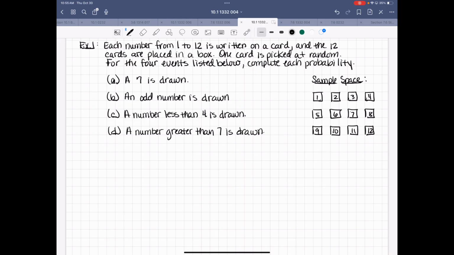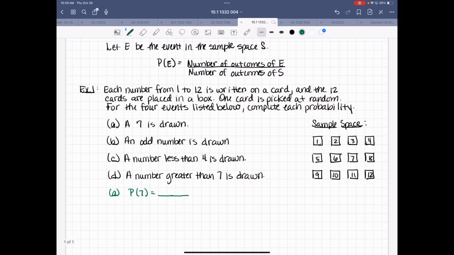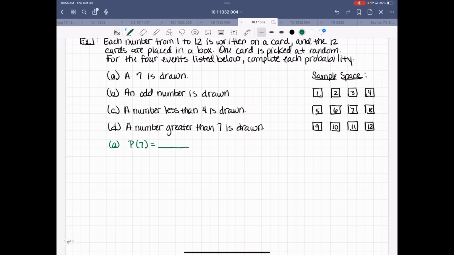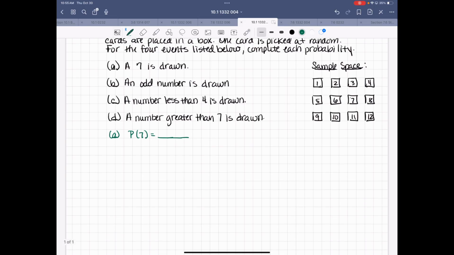It says, I want to know the probability of drawing a 7. I'm going to put my answers in green down here. So the probability of 7 is going to equal, well, the first thing that I list in that denominator is the number of total outcomes in the sample space. How many different outcomes are there in the sample space?